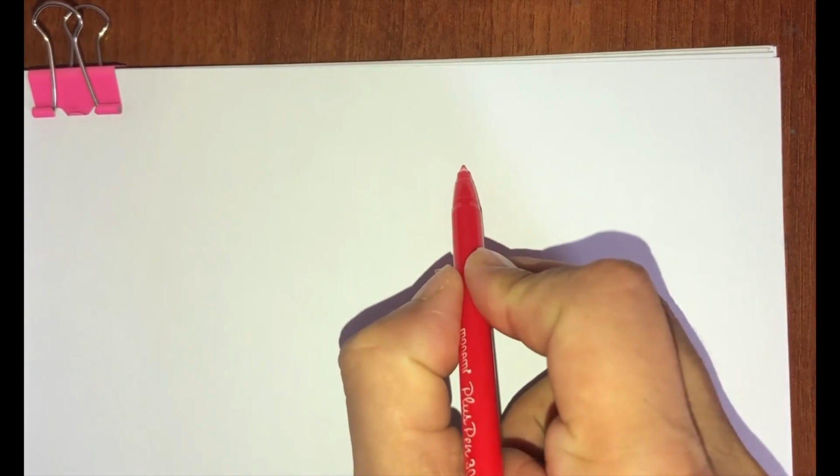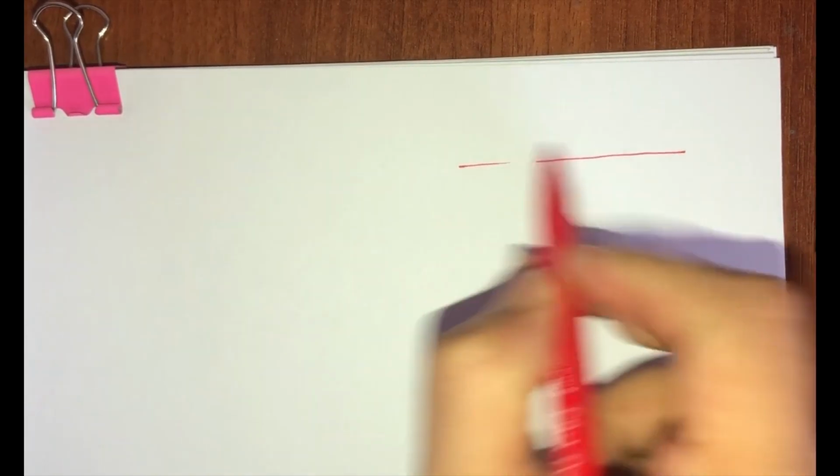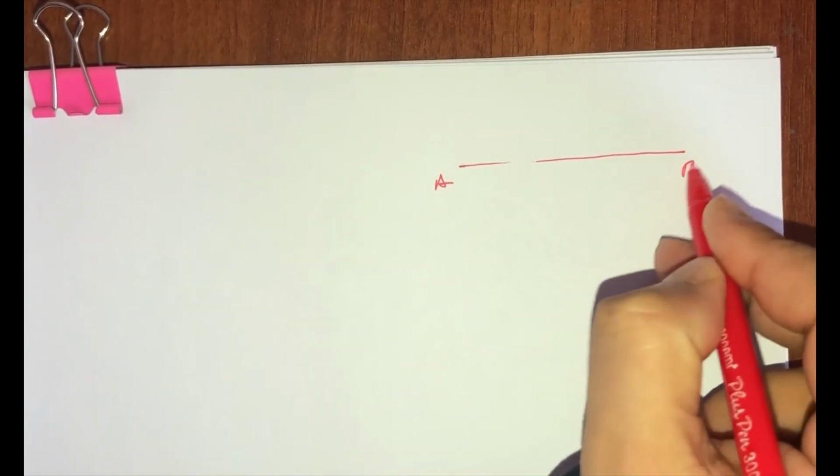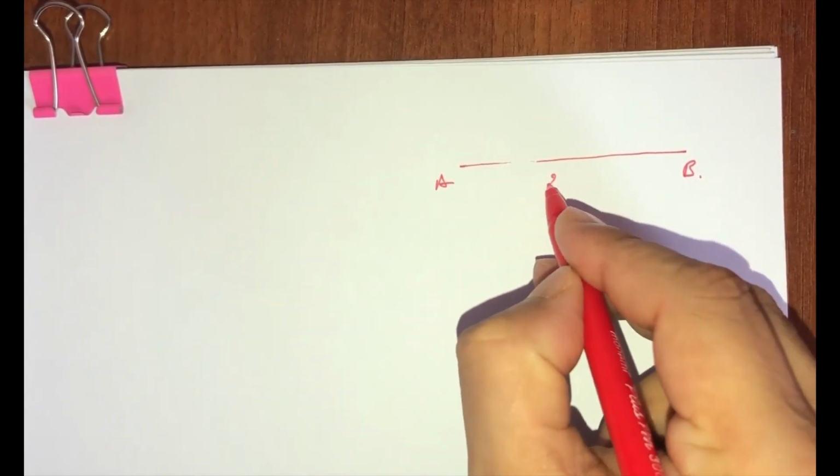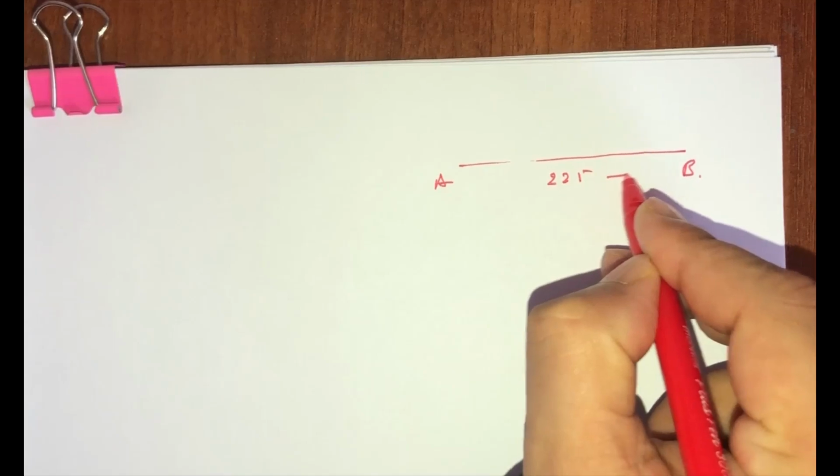So let us first draw the basic things which are given. There are two trains, train A and train B, moving on the same track, and the total distance between them is 225 meter.